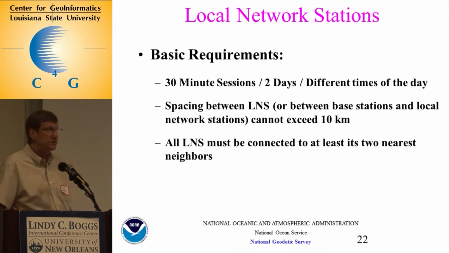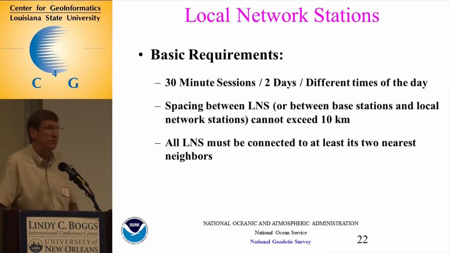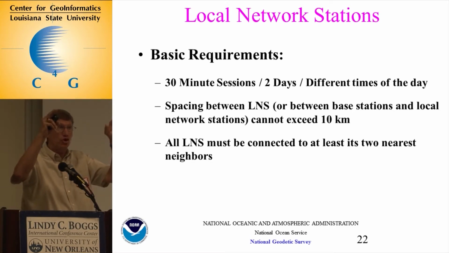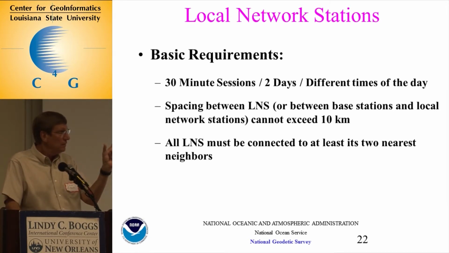Local network stations, so there's three: primary, secondary, and local. These are the sites that people say, well, this is what I really am going to deal with now. Once again, we said 30 minutes of data, two days, different times of the day. Because we did a lot of studies and we said, if I use 30 minutes of really good data, and I'm going to put good data in quotes, because sometimes I'm not sure what that is, we found that if you really had that, it doesn't make any difference.